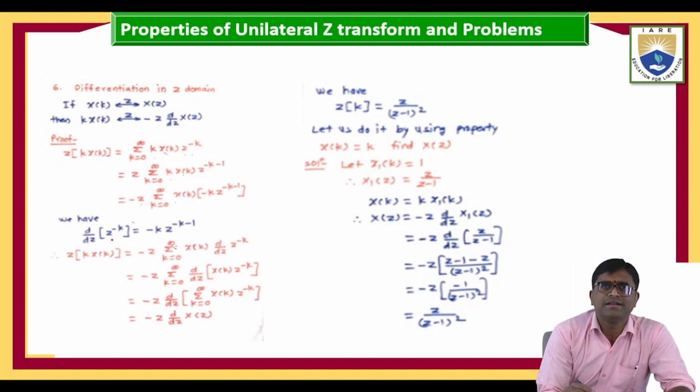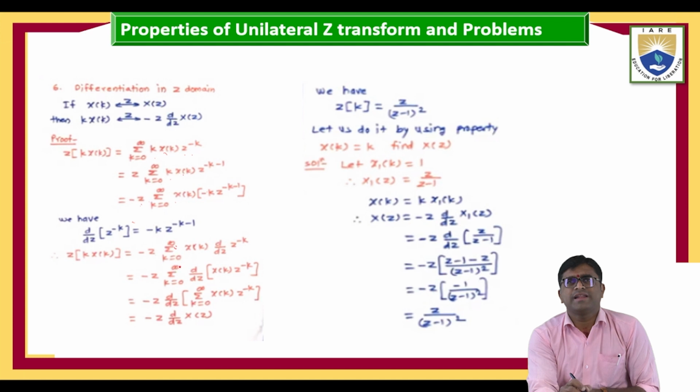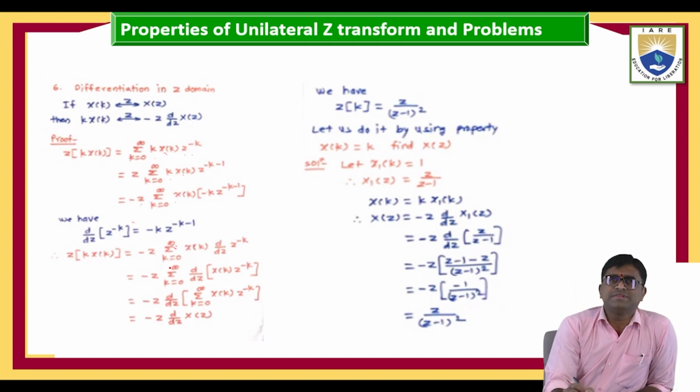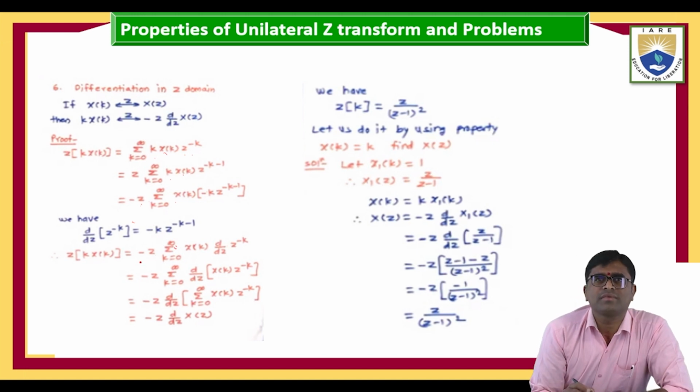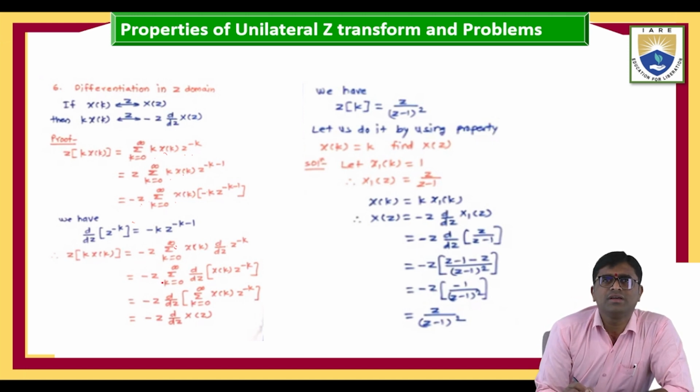This is nothing but d by dz of z power of minus k. I am substituting in the above values. So minus z, the sum from k equals 0 to infinity, x(k) into d by dz of z power of minus k. Here the summation limits are k equals 0 to infinity. So minus z, the sum from k equals 0 to infinity, d by dz of the function, which I am taking as x(k) into z power of minus k.